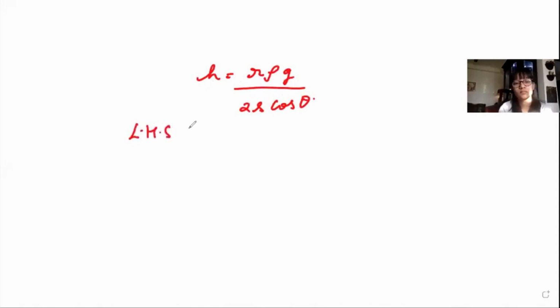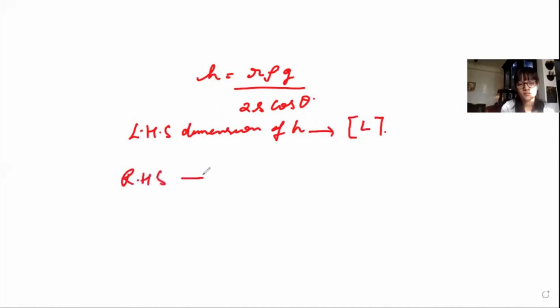The equation was h is equal to R rho g upon 2S cos theta, right? On the left hand side, the dimension of h is L. Now on the right hand side, what will be the dimension? Radius R is a length.